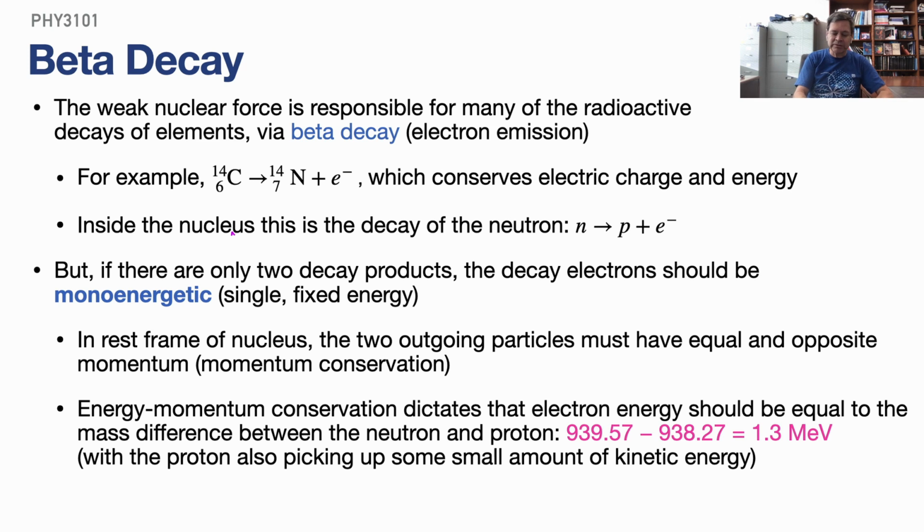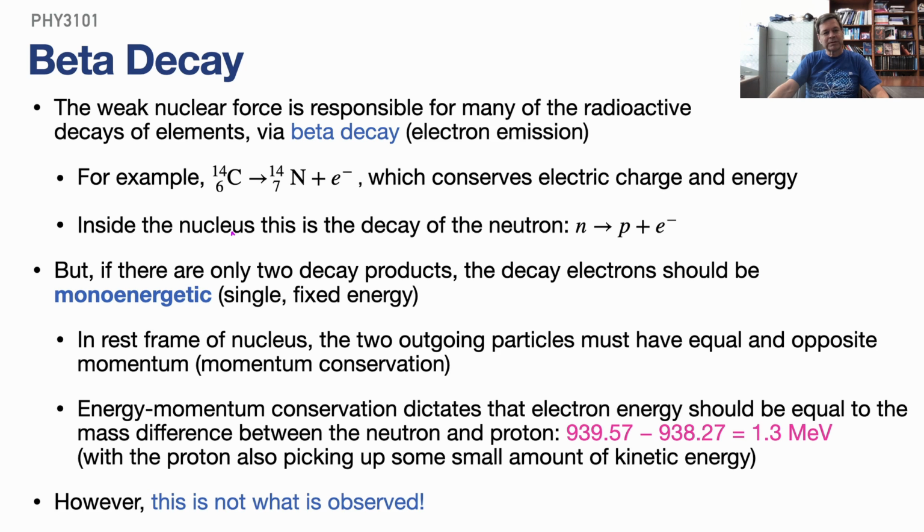So there is a slight mass difference, 939.57 MeV for the neutron, 938.27 for the proton, leaving a net energy, and that's a total energy for the electron of 1.3 MeV. With the proton picking up a small amount of kinetic energy in that balance of energy momentum. So I've kind of approximated here that the electron has pretty close to 1.3 MeV.